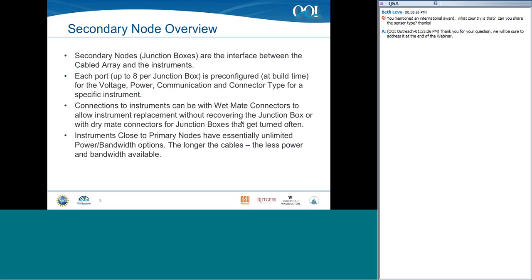These are what the final interfaces to the instruments typically are. The secondary nodes were designed, built, and maintained here at APL, so it's pretty easy for us every year to adjust them as needed if there are new instruments coming on. Over the last 2 years, we typically bring back about 5 or 6 MPJ boxes a year.